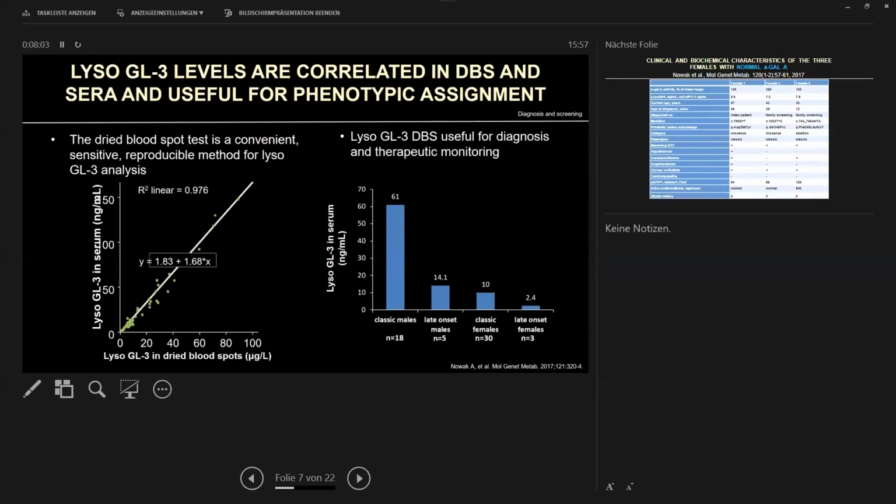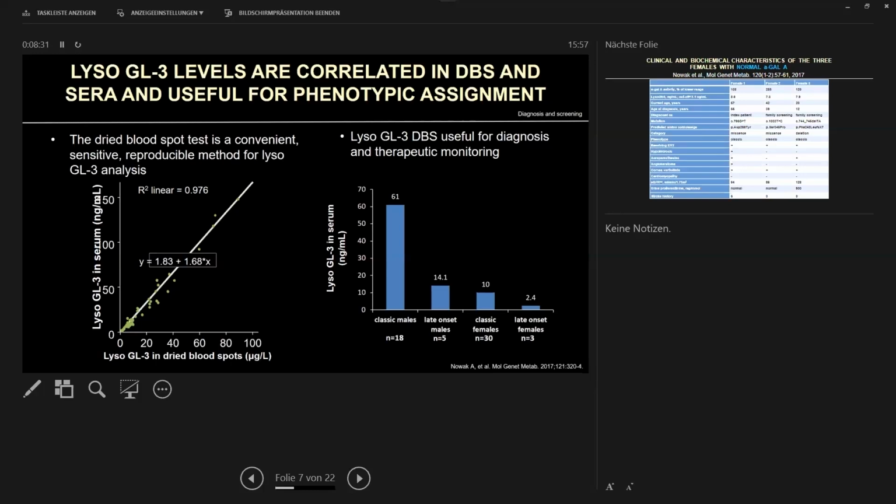Lyso-GB3 can be, as already mentioned, measured in the blood, and it can be sent in a tube to the laboratory, but needs to be cooled on the way. However, since recently we have another possibility to transport or to send Lyso-GB3, which is possible on dry blood cards.